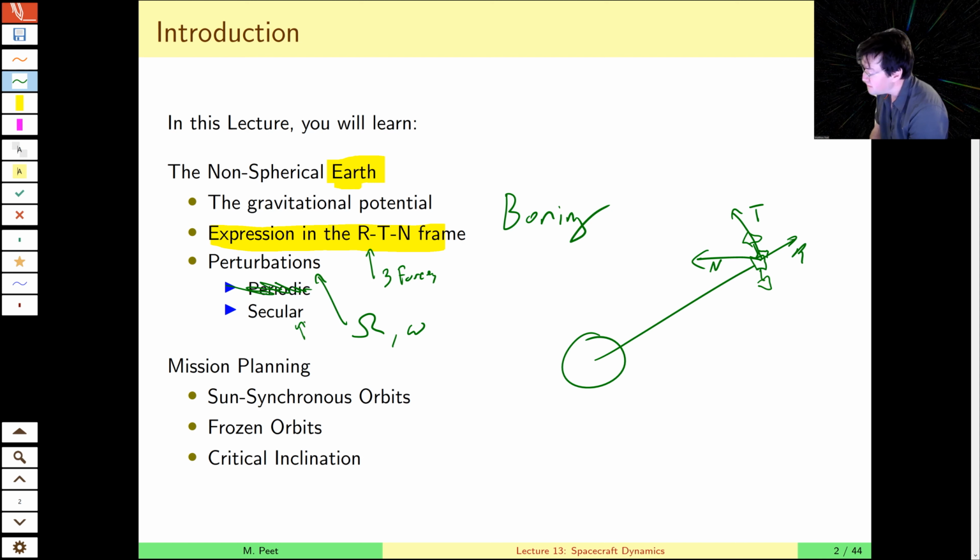And then we'll talk about the effect of those secular perturbations on mission planning, and specifically sun-synchronous orbits, frozen orbits, and critical inclination.